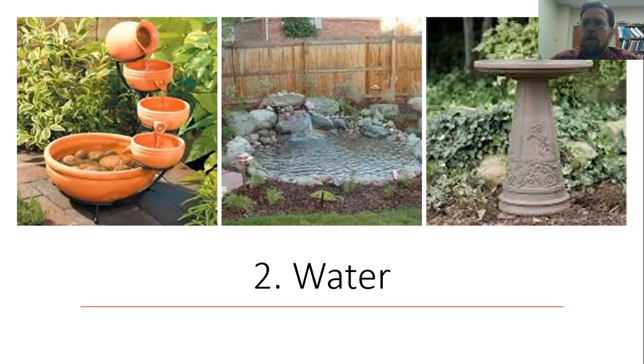And so, of course, everyone knows about bird baths, areas where the birds are going to not only be drinking water, but able to access that water for other things. And even things like butterflies are going to require water as well.